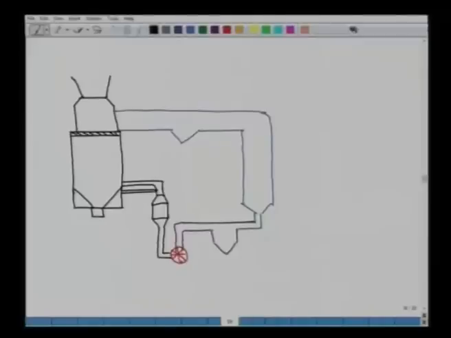These are the technological requirements, and the sketch which I have drawn shows the principle, or the technology, of dry quenching. Here coke is being placed, and the temperature could be 1050 or up to 1200 degrees Celsius.